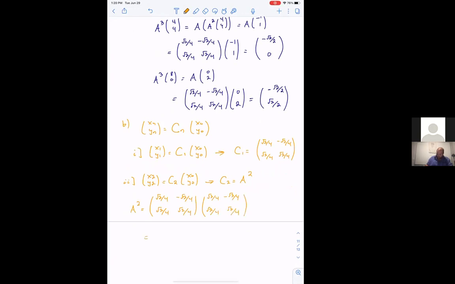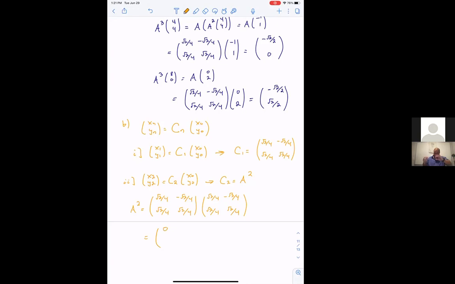So what do I get here? Oh, I get 2 over 16, that's 1/8 plus 1/8, that's 1/4. That's the top. Or is it? No, the top is 0, because you get 2 over 16, 1/8 minus 1/8.